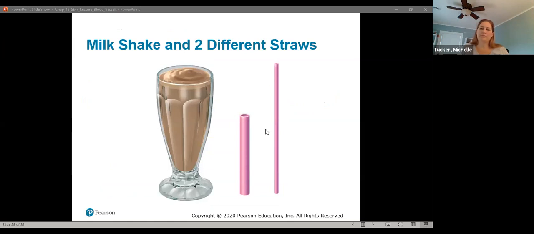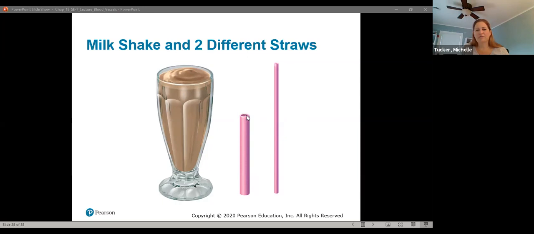You will probably also see a question that will give you a choice of vessels, and you'll need to choose the vessel. It could be long and thin, short and thin, long and wide, or short and wide. You'll have a choice of which one would give you the fastest flow and which one would give you the slowest flow.